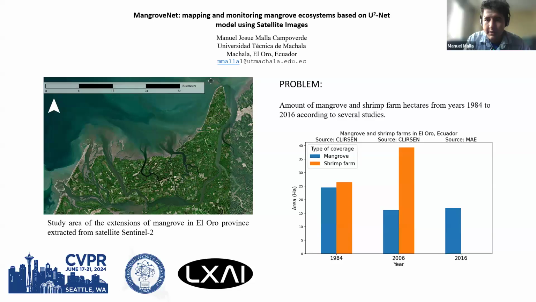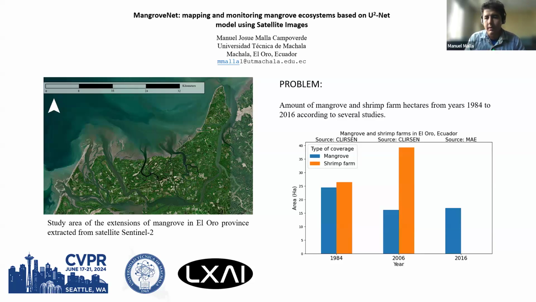So yeah, this is my research. It's titled MicroNet: Mapping and Monitoring Micro Ecosystems based on the U2-Net model using satellite images. The research focuses on the deforestation of mangroves.